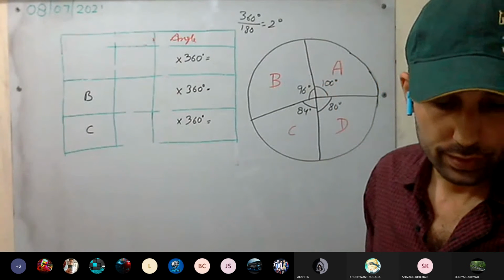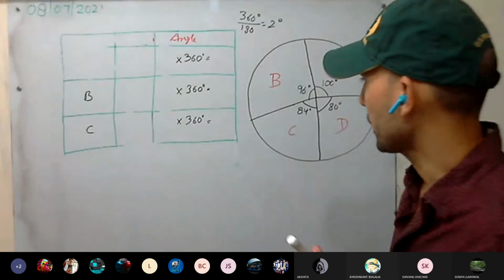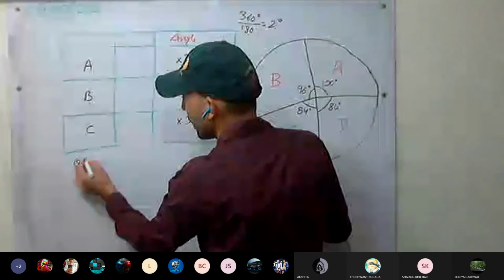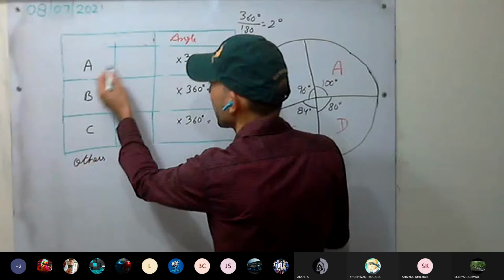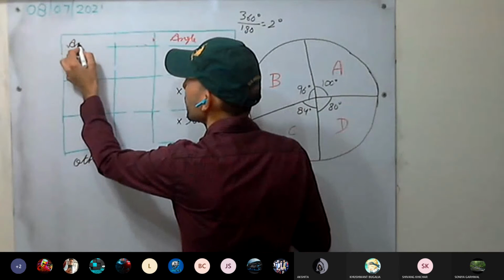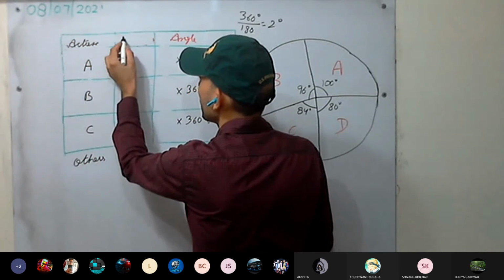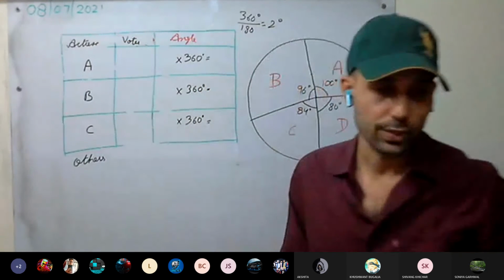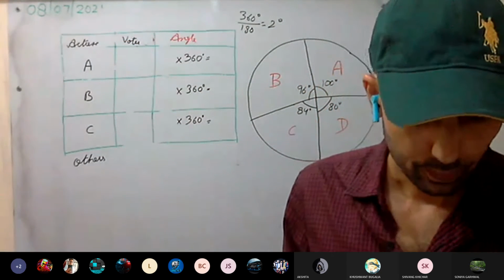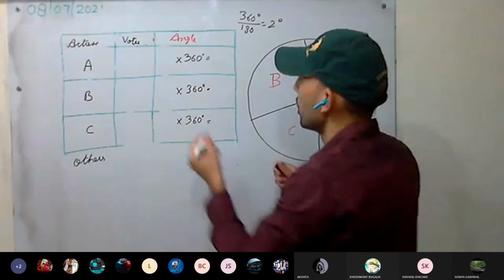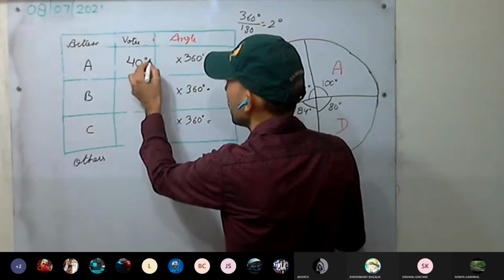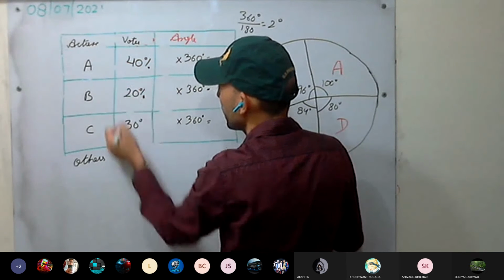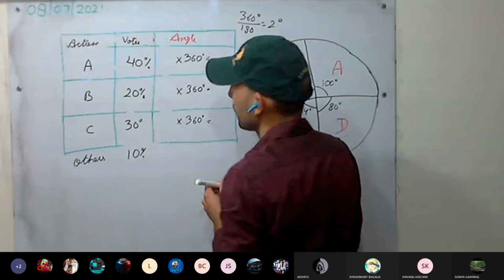And others received 10%. So we have 4 columns: A, B, C actress and others. Here we have the actress, here votes. You can write popularity votes or votes. So 40, 20, 30, remaining 10%.